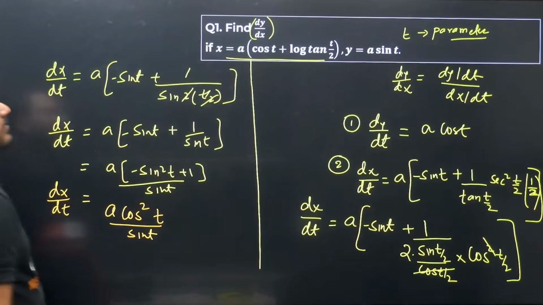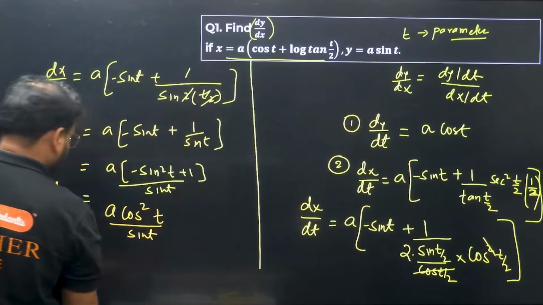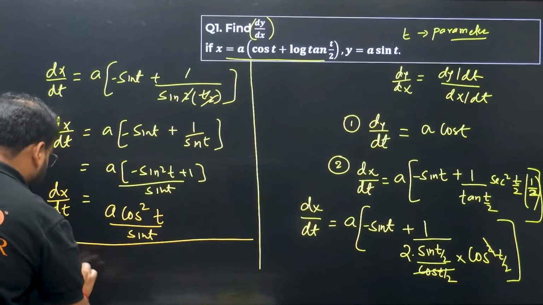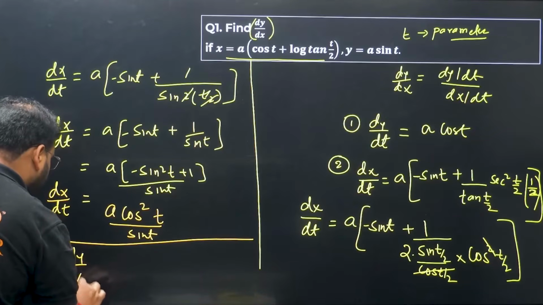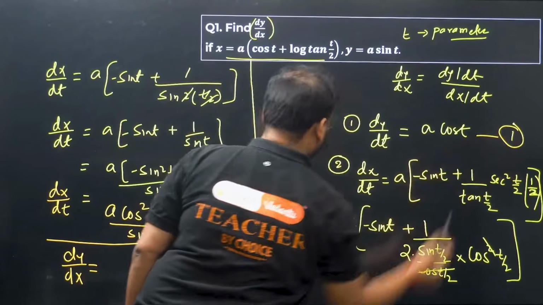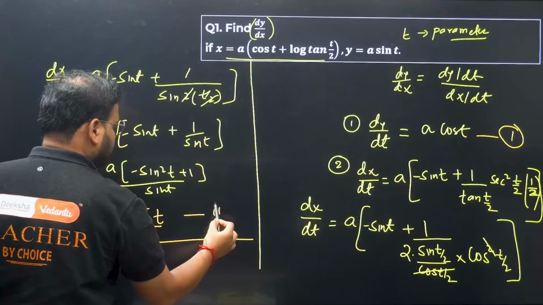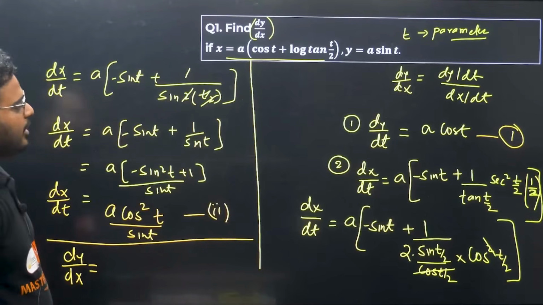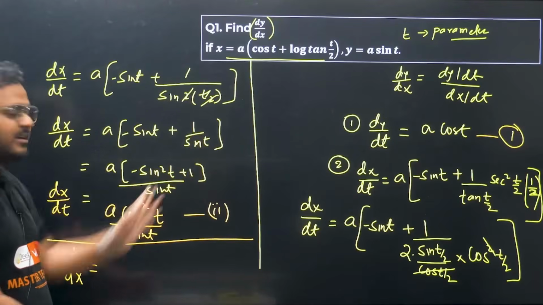What I want is the derivative, right? You want the derivative of this last step. So my dy by dx will become, from here, this is my equation 1, and this is my equation number 2. So from 1 and 2 you can see, differentiate and divide the derivatives.